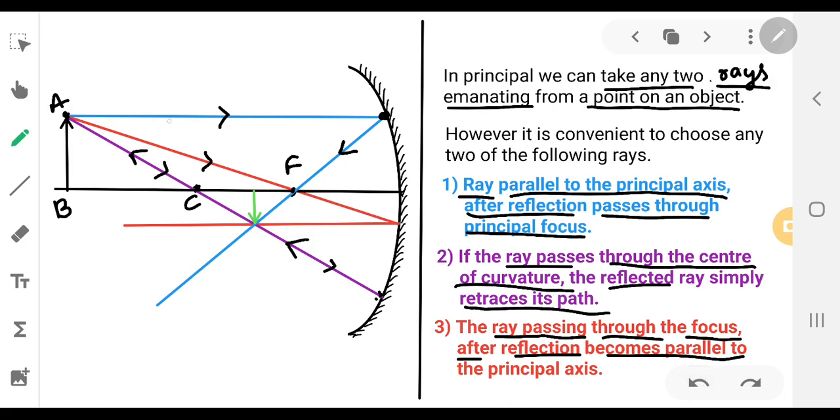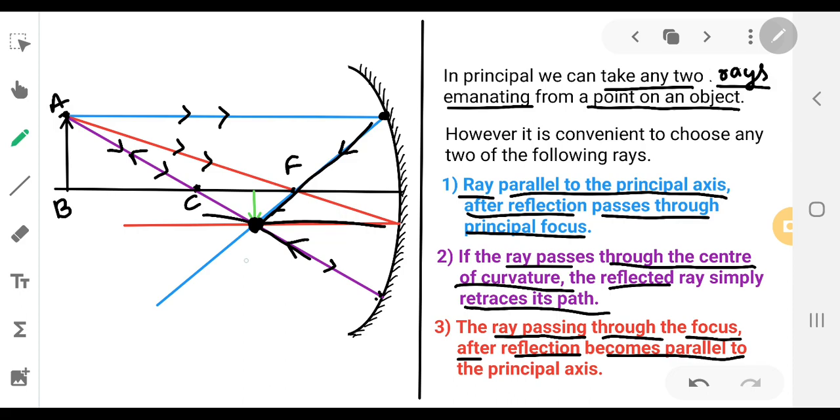Now, these all three incident rays, first, second, and third, are emerging from point A. See, after reflection, where they are meeting, at this point.